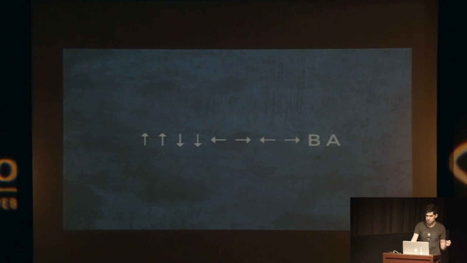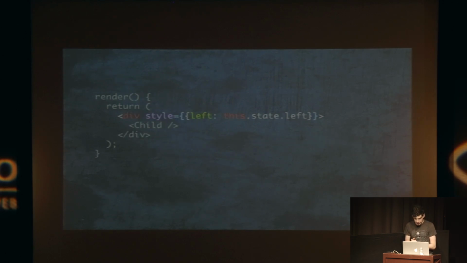And so I went back to the first example and stared at it and I was like, okay. So actually what I'm giving to React is I say that the div style left equals this.style.left. So why is React not able to, whenever I update this.style.left, just update this attribute?